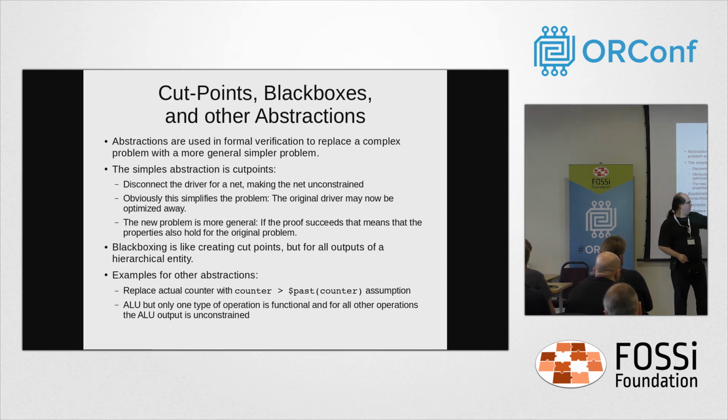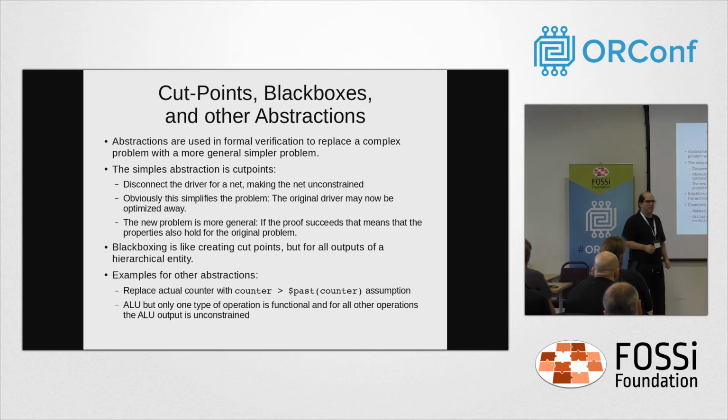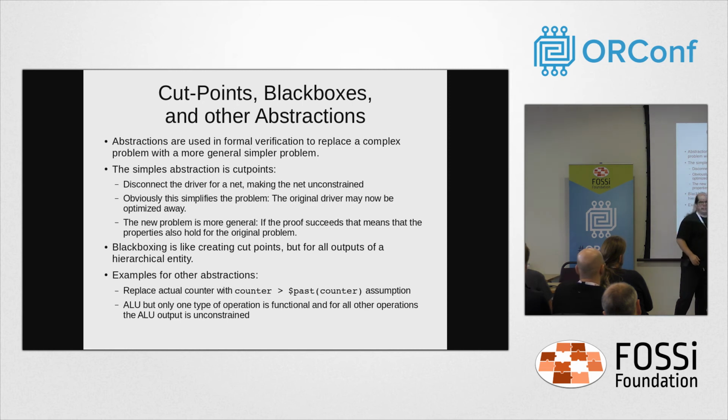But now, suddenly, the counter can also jump 100 steps or whatever, so we have a more general circuit. And maybe that's a counter that's waiting for some kind of initialization to finish. And usually, I would have had to run a bounded model check with a really, really large depth, because I would have needed to wait for this counter to reach a certain threshold. And now it can just jump over the entire range it would have counted.